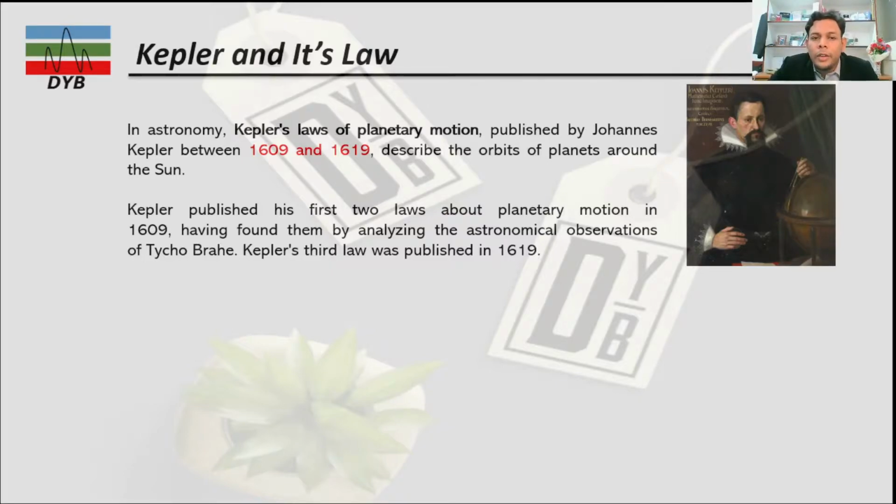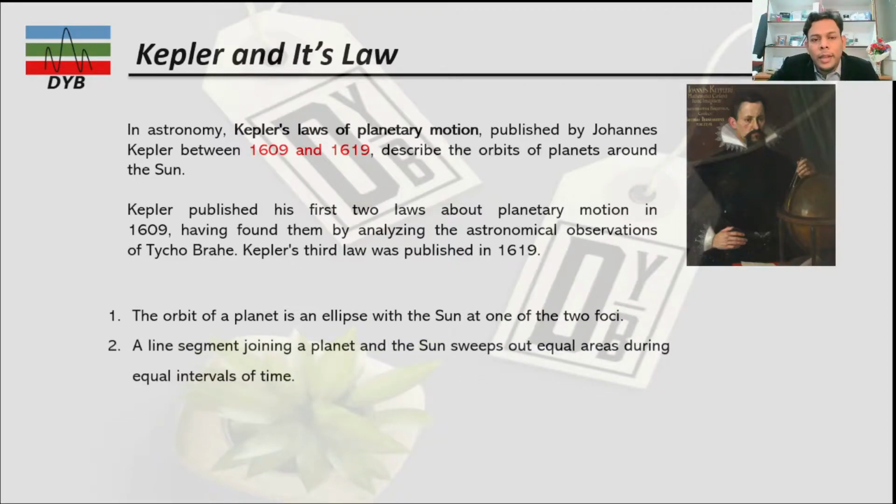The third law, which is about the distance covered and which we are going to discuss, was published in 1619. So what are those three laws? Just to give you an overview, the first law of Kepler is that the orbit of a planet is an ellipse with the sun at one of two foci.